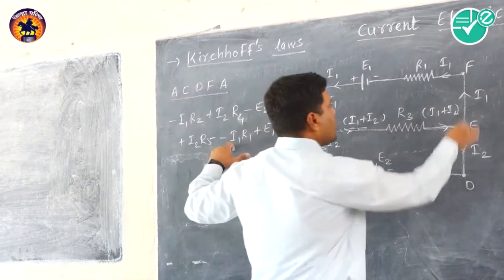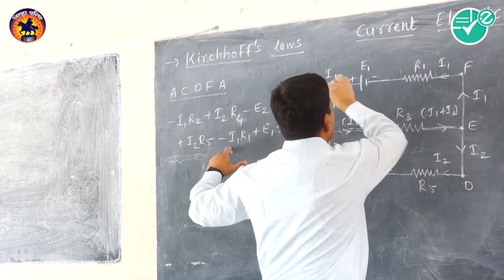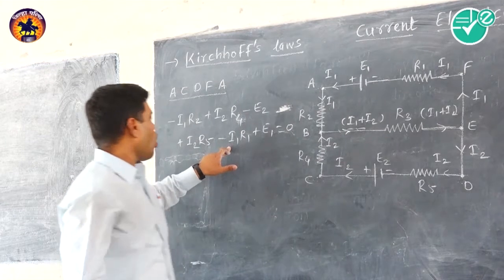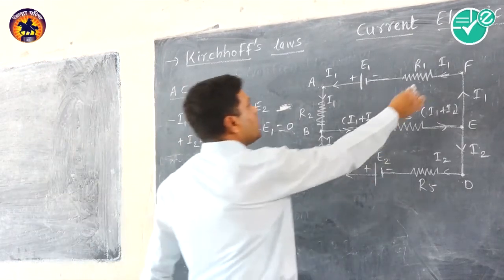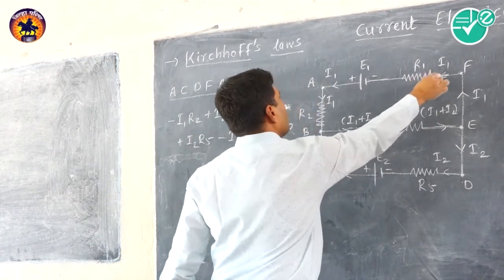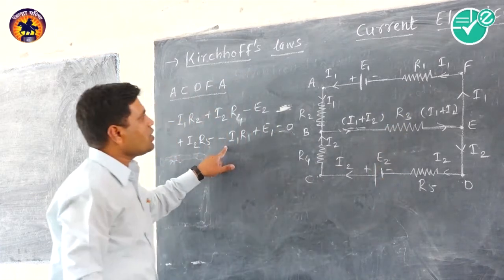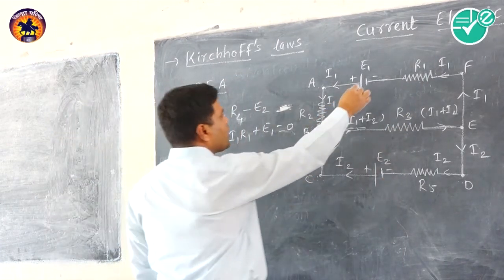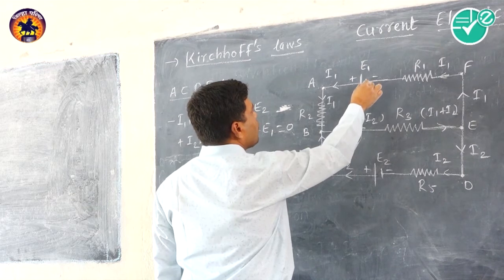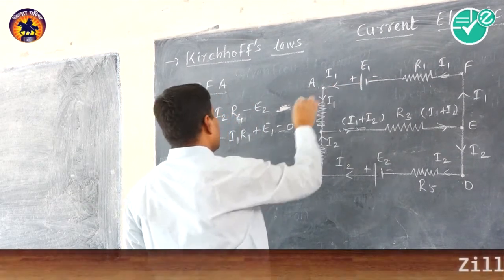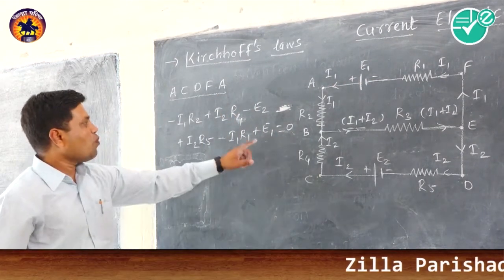Then there is no component in this path, and as we move from F to A, the current is moving in the same direction as the loop, so this potential drop is treated as negative. For the EMF of the cell, we are moving from the negative to the positive terminal, so E1 is treated as positive.